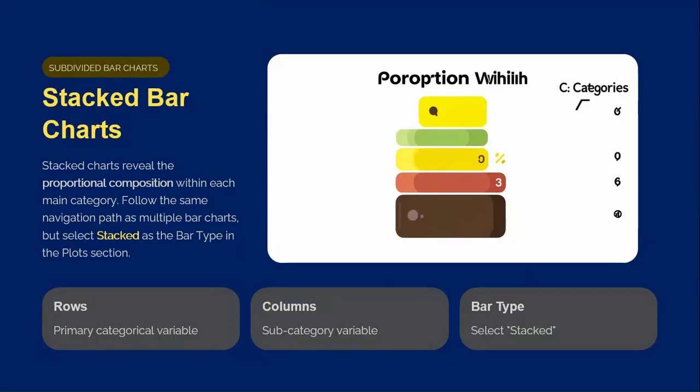Let's look at the subdivided bar chart or stacked bar chart. This shows the composition within each category. To create them, follow the same steps as multiple bar charts, but select stack as the bar type. Each bar represents a total divided into segments showing proportions.